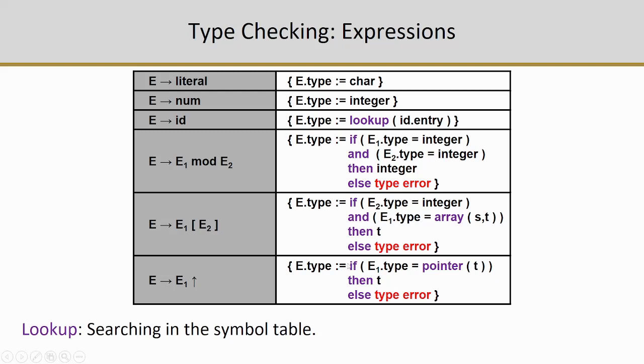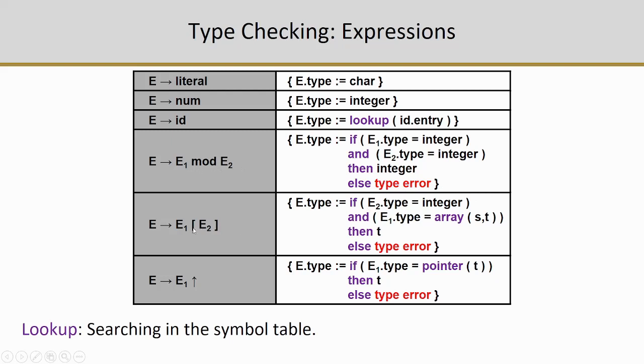So in this case, if we have a modulo operation, but one of the operands is not an integer but something else like a character, then we cannot execute. So the resulting type will be a type error.